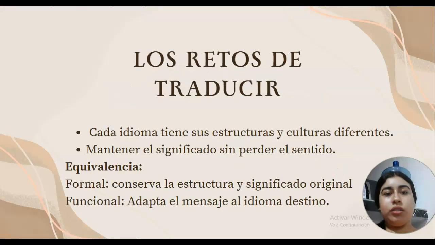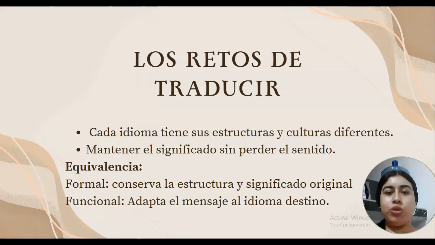One of the biggest challenges is that each language has its own culture and structures, making it difficult to find exact equivalents.